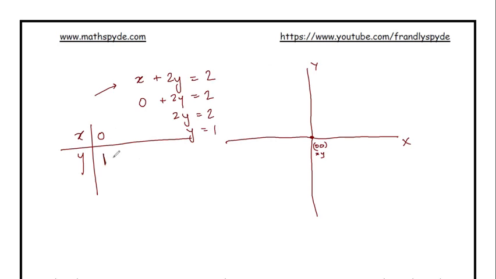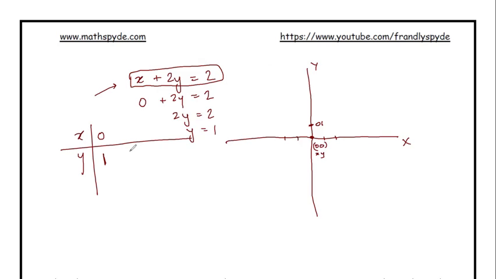So for that equation, to draw a line, I need only 2 points. The first point I got is x is 0, y is 1, so the point is 0, comma 1. This is the y coordinate, this is the x coordinate, like that.